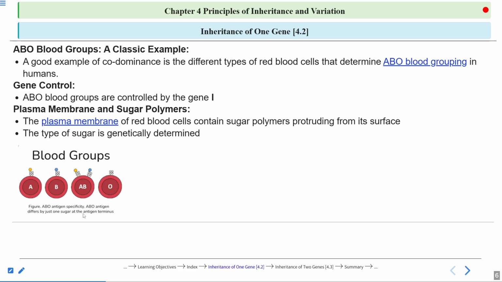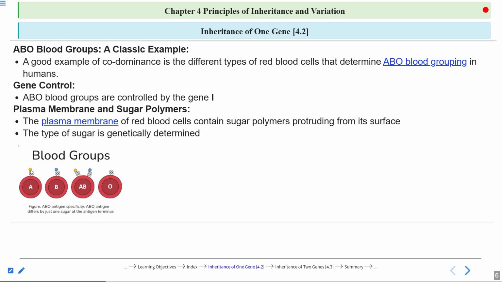Clear? You can see one thing is common in all the blood groups. These four circles are common in all the blood groups. Only this sugar is different, the yellow color sugar and the blue color sugar. That's why it is written that the ABO antigen differs by just one sugar at the antigen terminus.